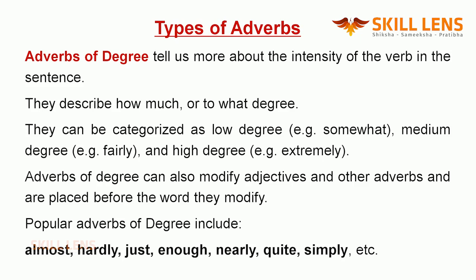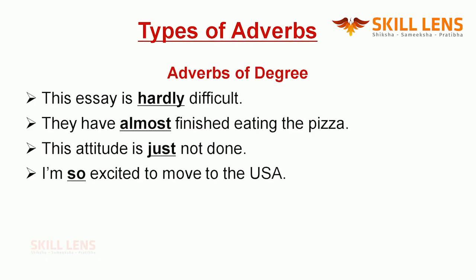These adverbs of degree can also modify adjectives and other adverbs in the sentence, and they have to be placed just before the word they modify. Popular adverbs of degree are almost, hardly, just, enough, nearly, quite, simply, etc.